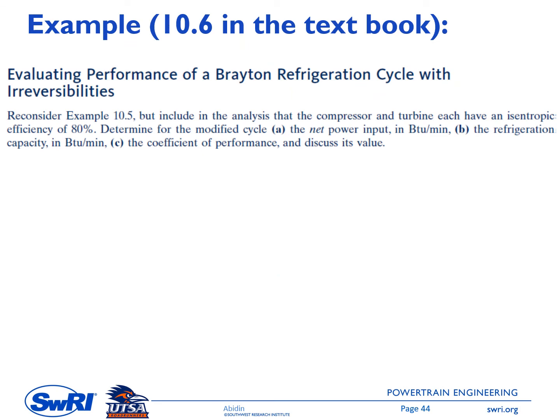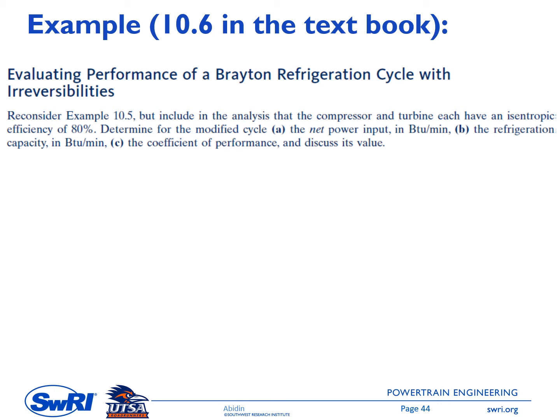Okay, the next example. This is example 10.6 in the textbook. In this case, we will reconsider the previous example, example 10.5, the one that we just discussed, but include in the analysis that the compressor and turbine each have an isentropic efficiency of 80%.